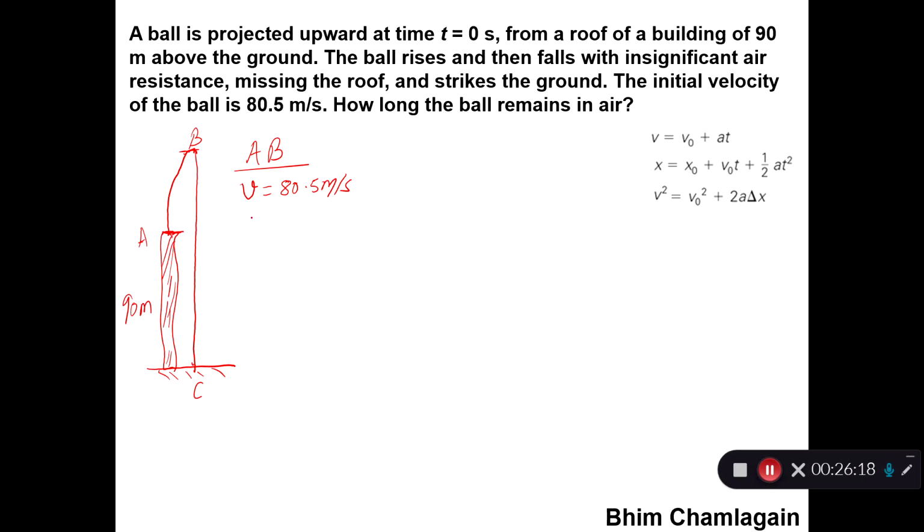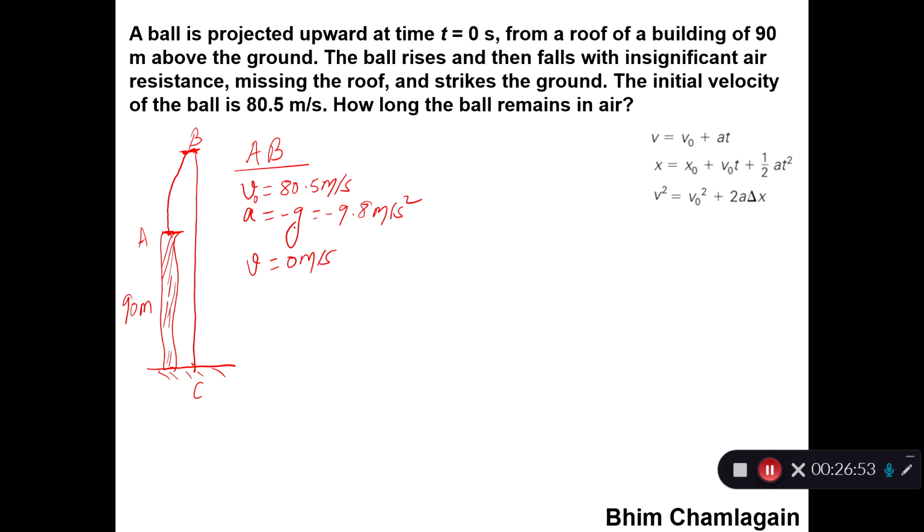Now it is moving up, so you can replace a with negative g, which is minus 9.8 meters per second squared. The next point is it reaches the maximum point at point B, where the initial velocity was 80.5 meters per second. So at point B its final velocity is 0. It becomes 0 and changes direction.